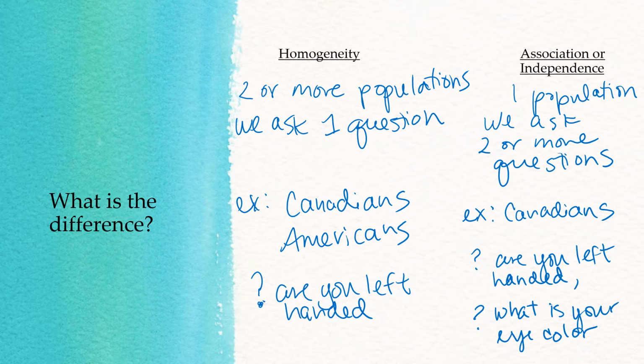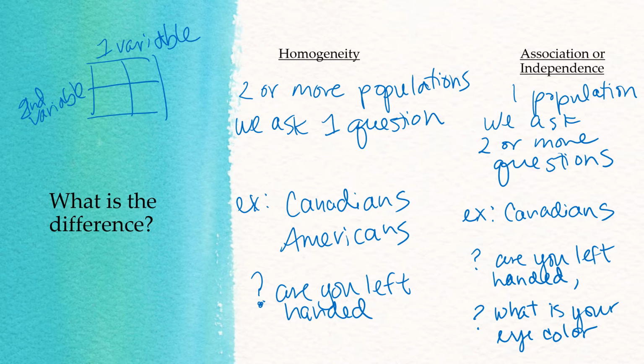Now, just to be confusing, because, why wouldn't we be? Sometimes you see a two-way table, and it has one variable here, and we have another variable here.